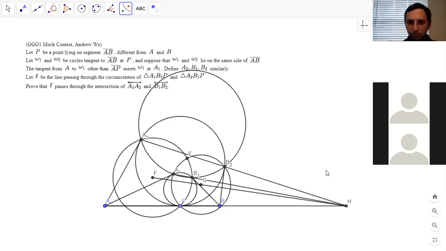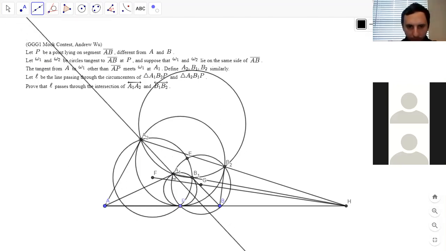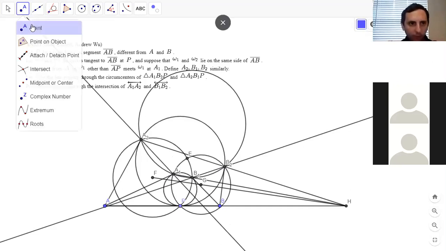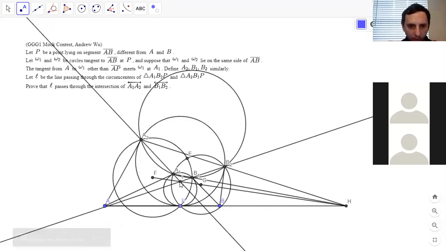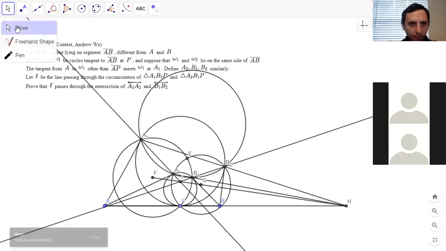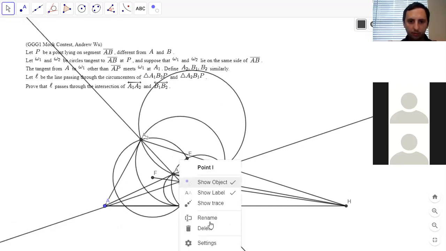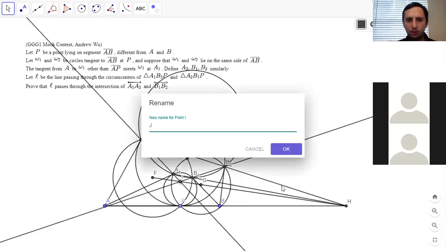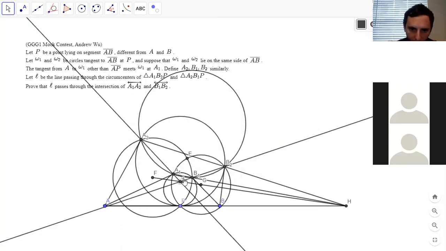if we call the intersection of A2A1 and B2B1 a point, I could call that point I. Or how about J, so it doesn't get mistaken for the incenter or something.